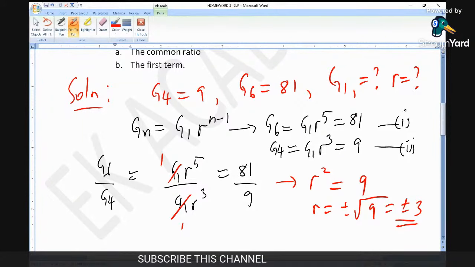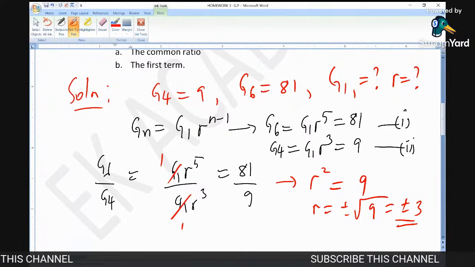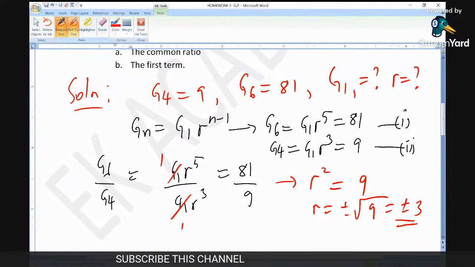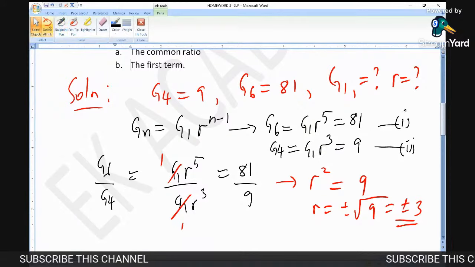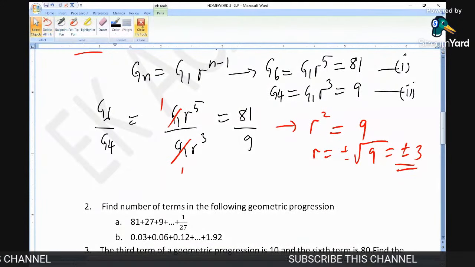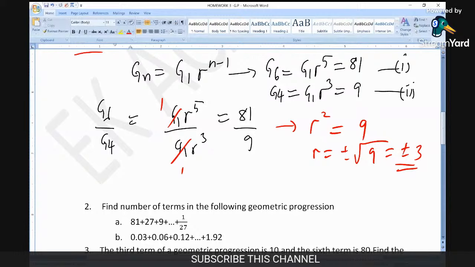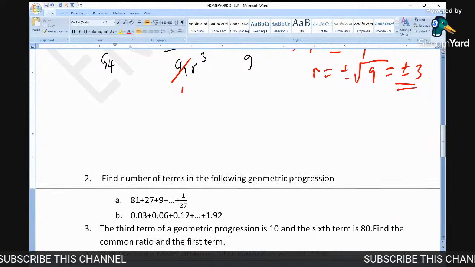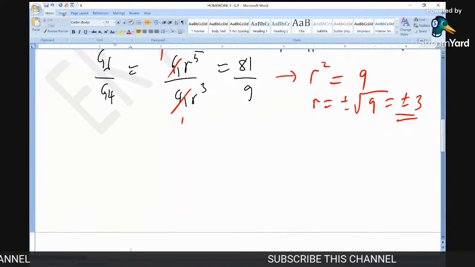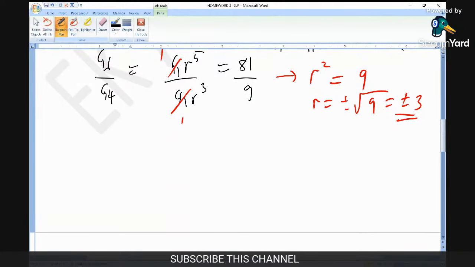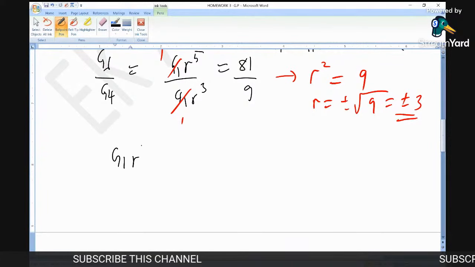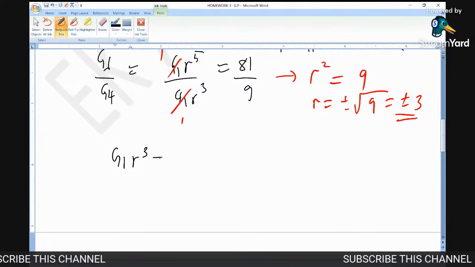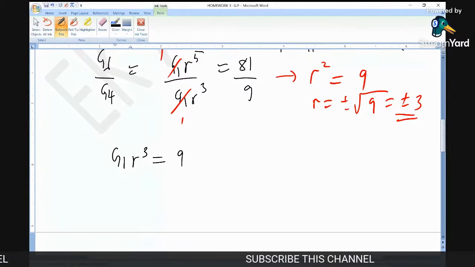From equation 1 or equation 2, we know that G1 r power 3 equals 9.